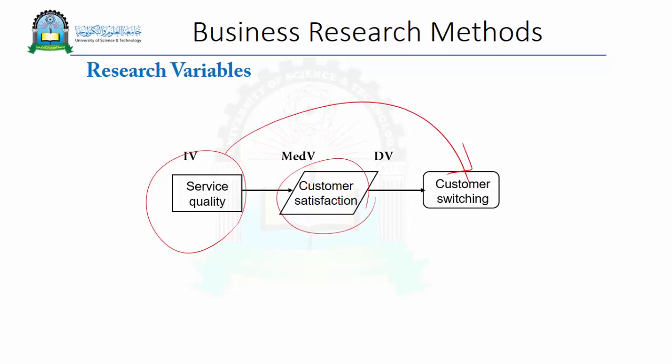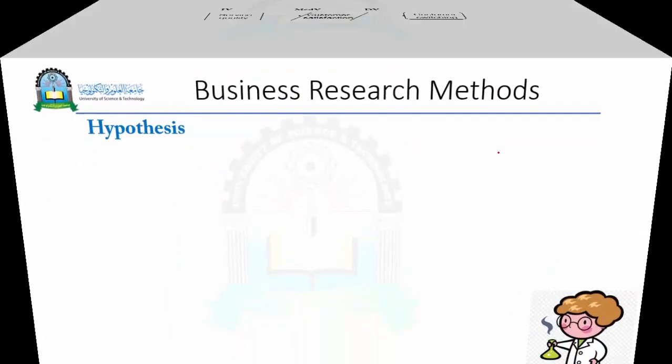So the mediating variable, or the mediator here, is caused by the IV and causes the DV. So it is a DV for the IV and it is an IV for the DV, independent for the dependent variable.